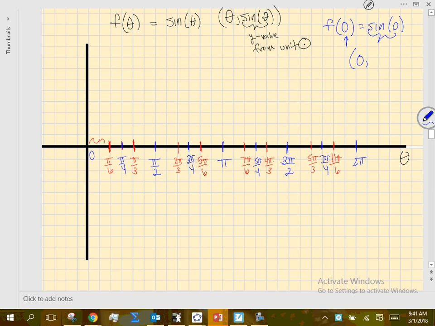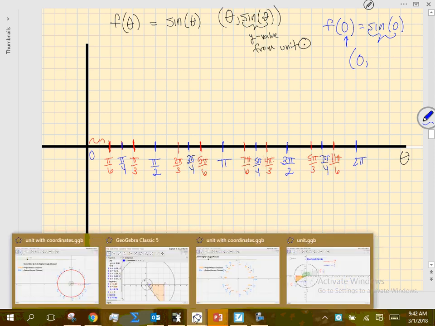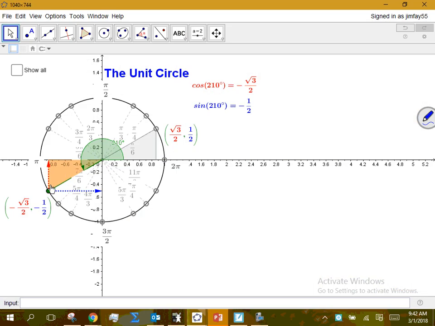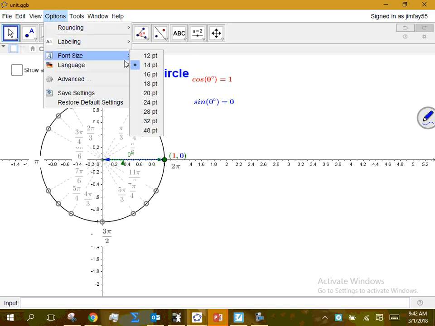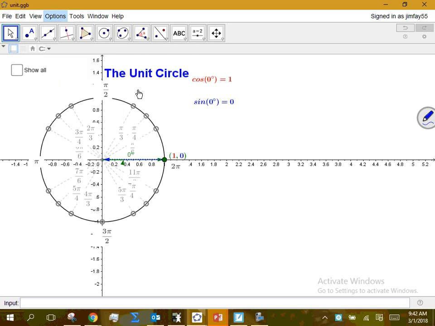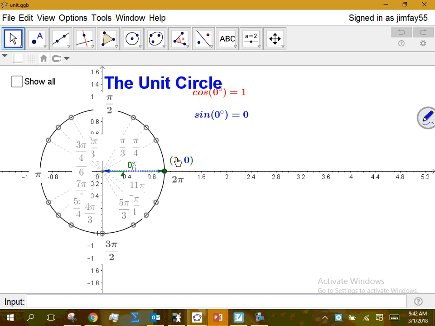So when I look at the unit circle, and I want to find what the y value of 0 is, the y value of 0 radians is the blue one, right? Let me zoom in here so you guys can see this a little bit better. All right, so the y value is that 0, correct?